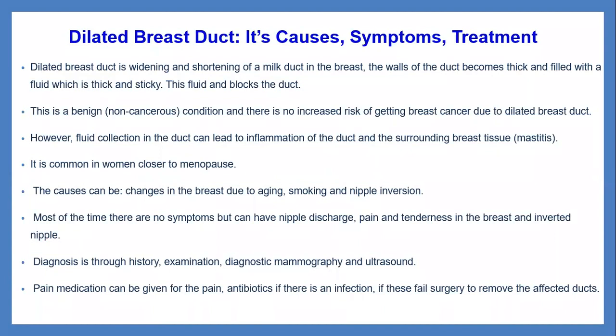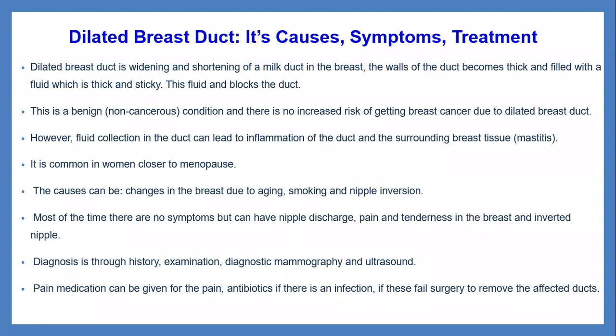If it is just simple things like simple ductectasia, that means BI-RADS 2, or complicated ductectasia, a duct with internal echoes, BI-RADS 3 to BI-RADS 4 if there are intraductal lesions or remarkable mural thickening and calcifications or associated suspicious mammographic or other imaging features. So a dilated breast duct is widening and shortening of the milk ducts, and we describe all these.